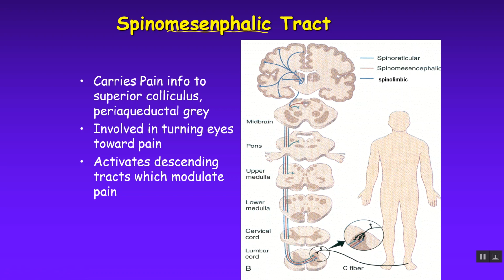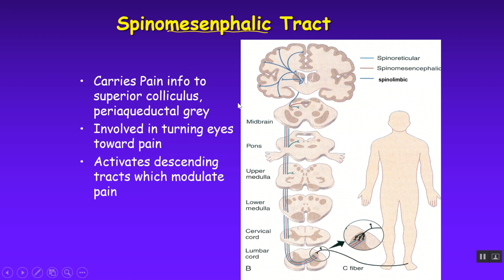two orders of neurons. It comes in the same dorsal horn, all that stuff matches up, crosses over in the anterior white commissure, goes up in the spinothalamic tract, becomes part of the spinal lemniscus, but it goes up and it stops. This is it right here coming up to just the midbrain, okay?